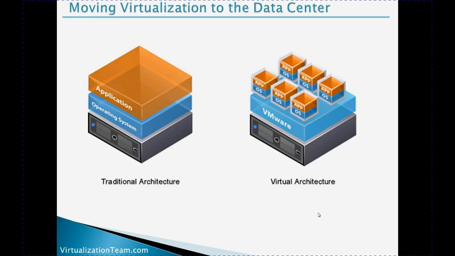So when we're doing server virtualization, we install the hypervisor or the virtualization software directly on the hardware itself. In the upcoming lessons I will show you how we can install the hypervisor directly on the host. That means there is no OS, no Windows, no Linux under the hypervisor itself.